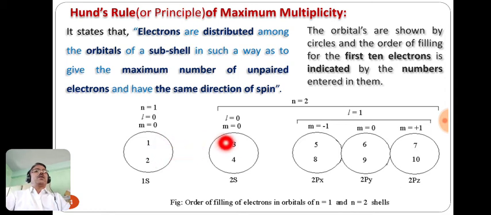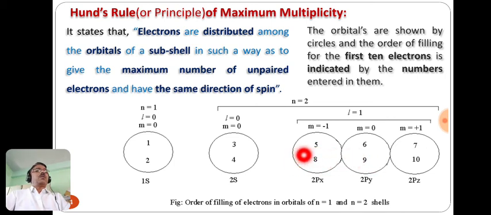Then the third electron enters the 2s and the fourth electron enters the same 2s orbital. Then, as the energy goes on increasing, the fifth electron enters the 2p orbitals. These 2px, 2py and 2pz electrons are at the same energy level.